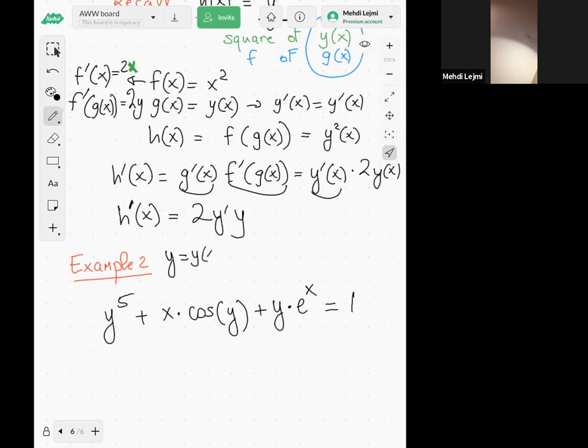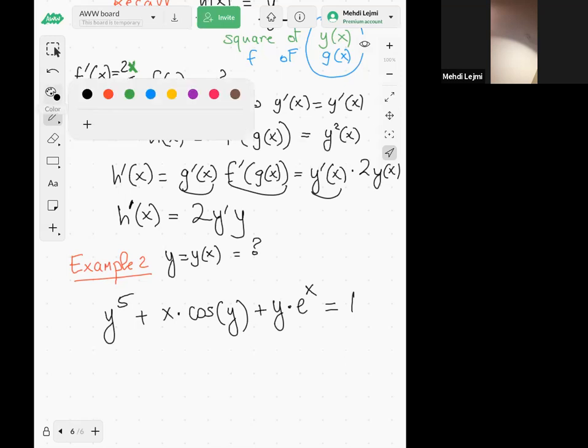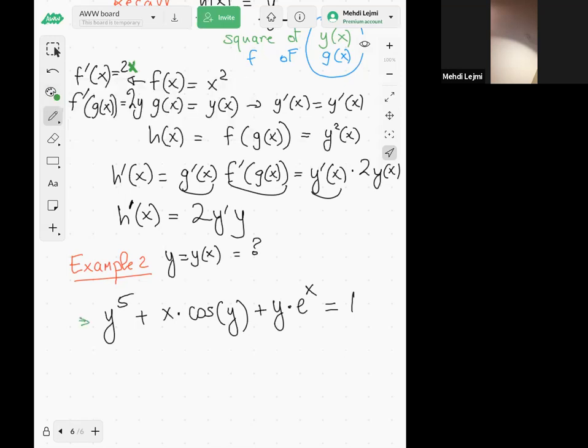And again, we don't know the exact expression of y. All we know is this equation which describes a relation between x and y. But the problem is we cannot solve for y, so we cannot have the explicit expression of y.